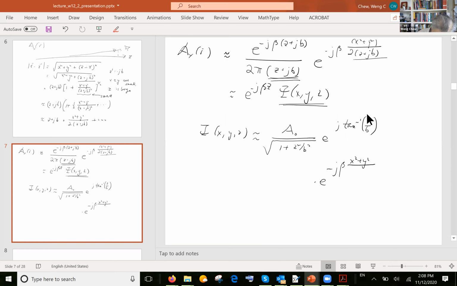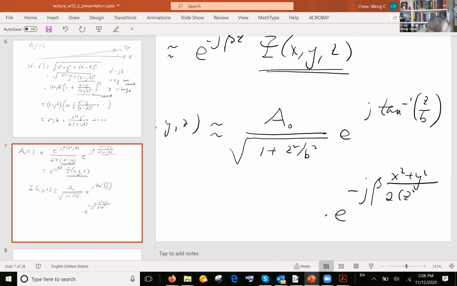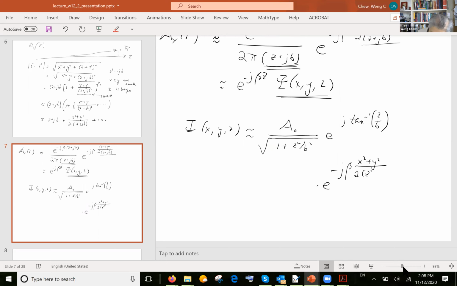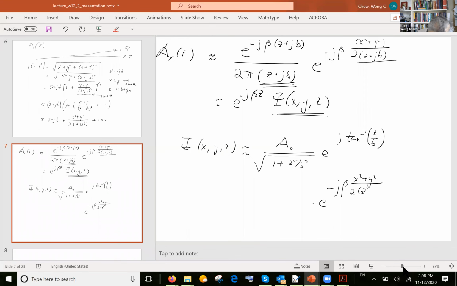So what I'm going to do is make this small. Let me see, make it big again. So this becomes z squared plus b squared, and there's quite a bit of algebra that goes on here.